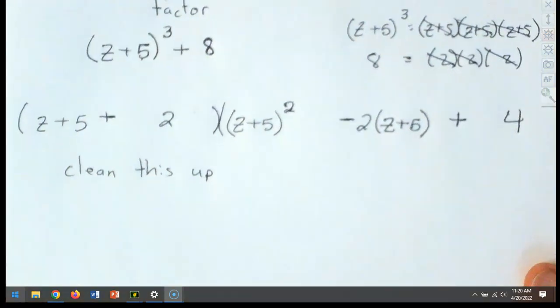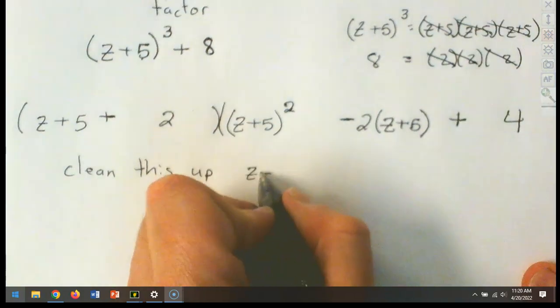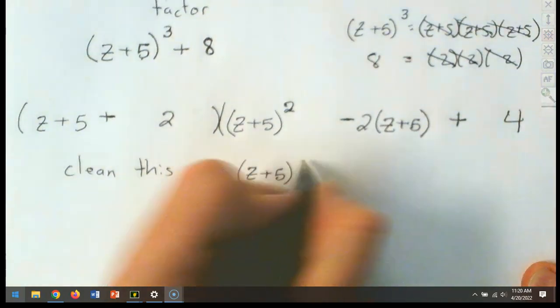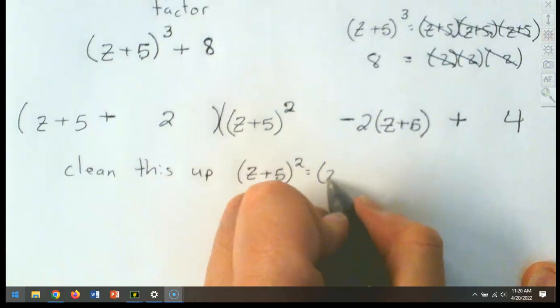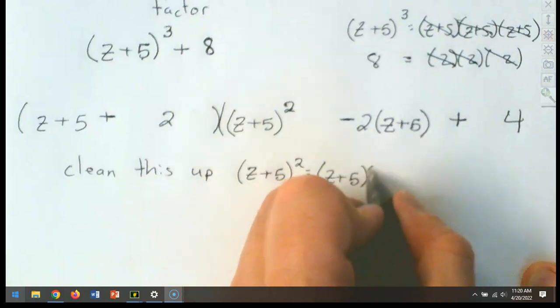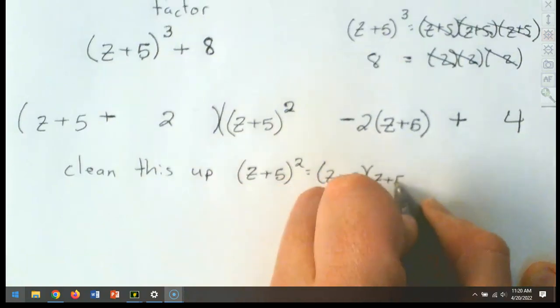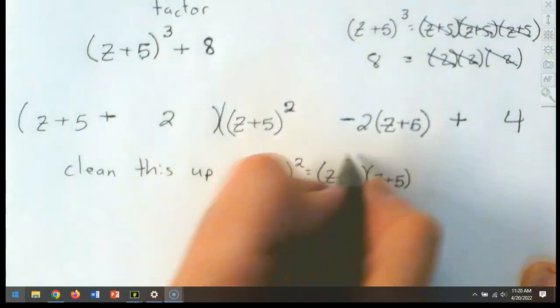And we're going to clean this up by FOILing. So we have a z plus 5 quantity squared. And that's z plus 5, z plus 5. And we're going to FOIL.